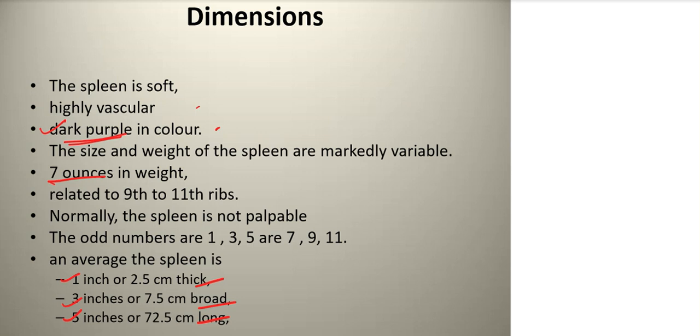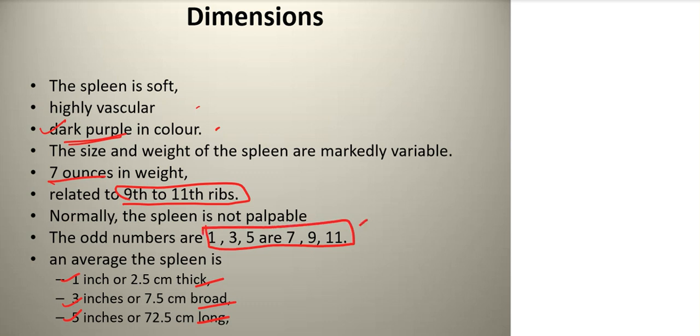The spleen is related to the 9th to 11th ribs. So we can memorize the dimensions of the spleen as 1, 3, 5, 7, 9 and 11.